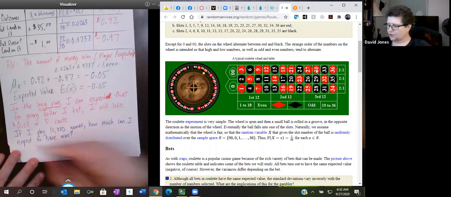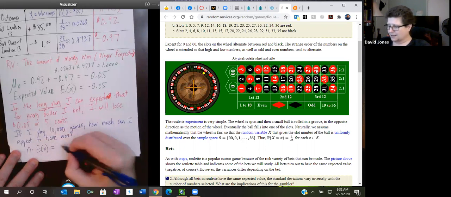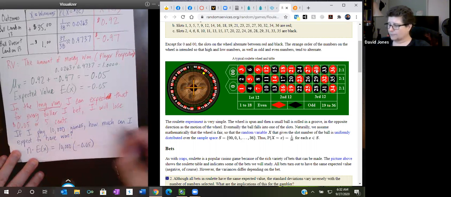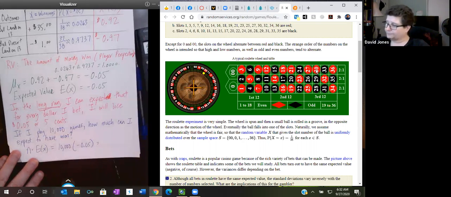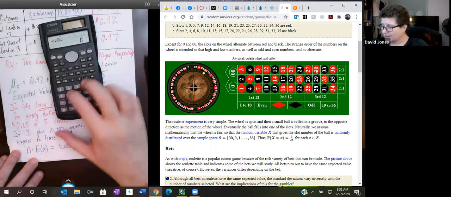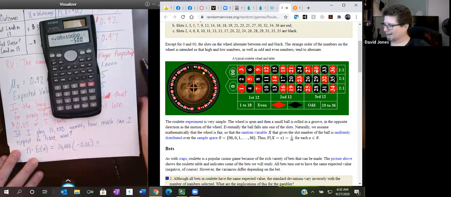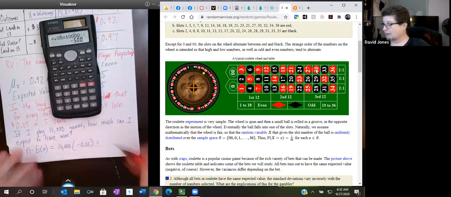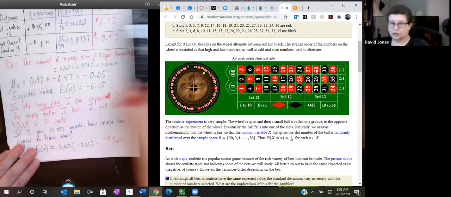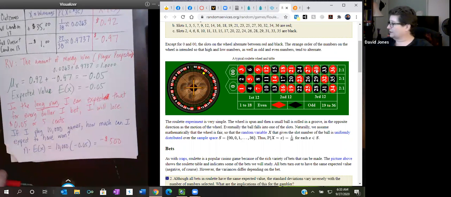To do that, you take n and you multiply it by E of X. 10,000 times negative 0.05 is negative $500. If I play 10,000 games, and do just $1 a game, I can expect to be down $500 at the end of the show.